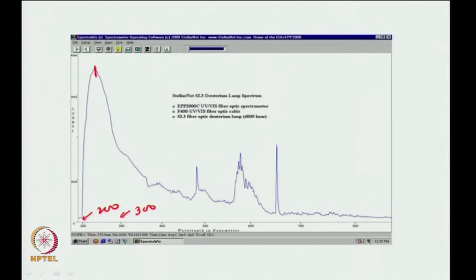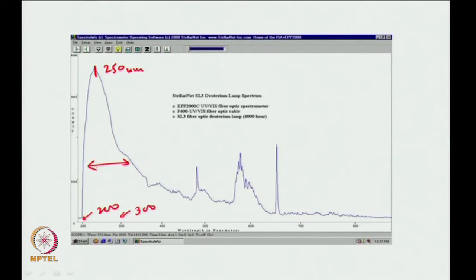I think it is close to about 250 or so. And then as you see, as it goes towards 300 and beyond, its intensity decreases. So, this is the kind of useful range you have for the deuterium lamp. This is the spectrum of the light that is coming out of your deuterium lamp.